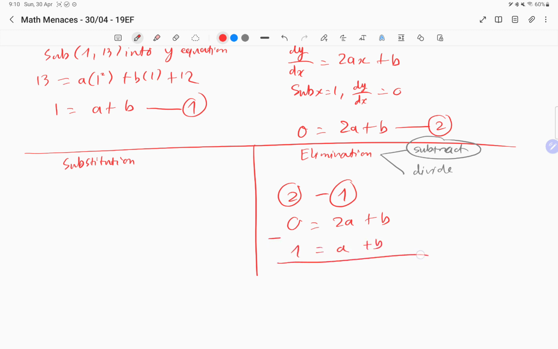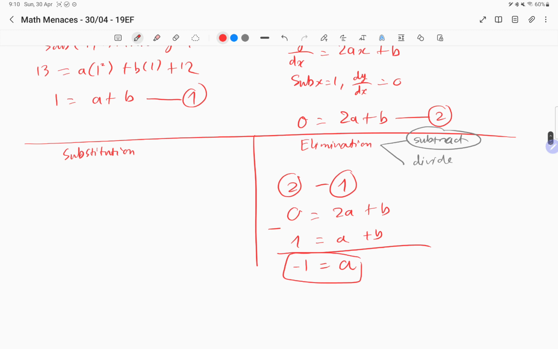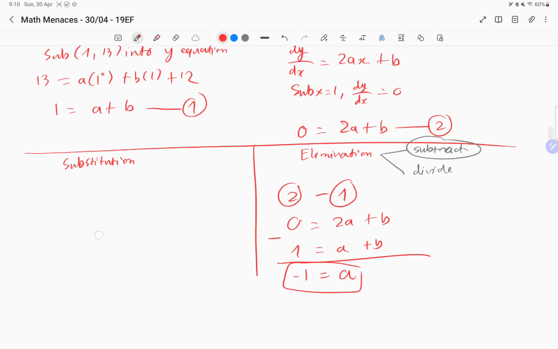When you subtract that, b minus b is 0, and 2a minus a is just 1a, 0 minus 1 is negative 1. Bam, instantly you get negative 1 equals a. Normally, you would need to solve a little bit more, but in this case, 2a subtract 1a, that's just gone. But normally, you need to take one more step to solve for a. So that's elimination.